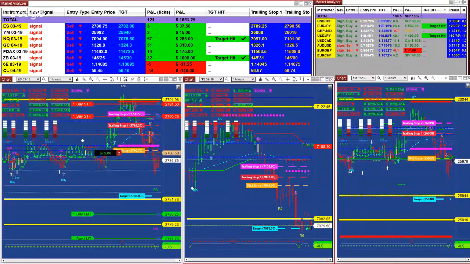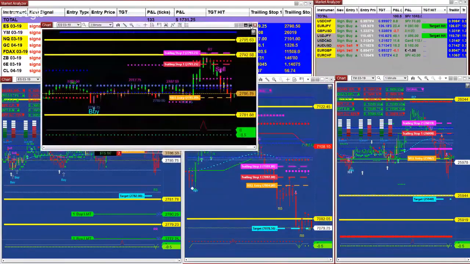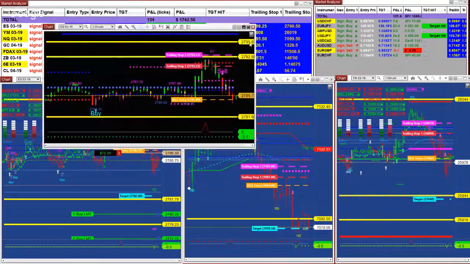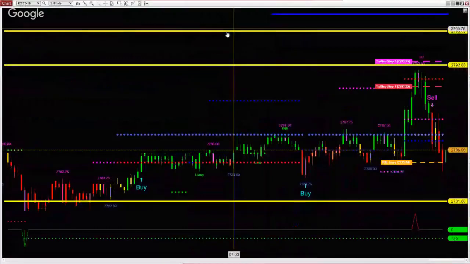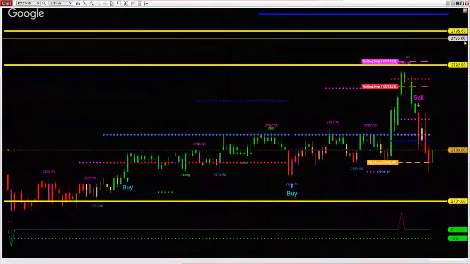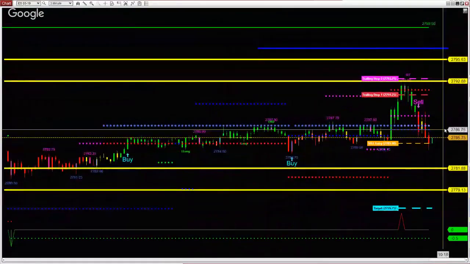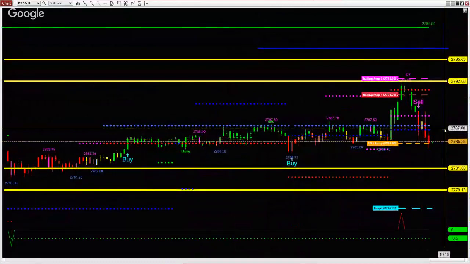if we want to look at the 3 minutes, there is still a lot of potential to the downside. And if we look at the 3 minutes, we just had the sell entry. The thing is, do not let it scare you away.